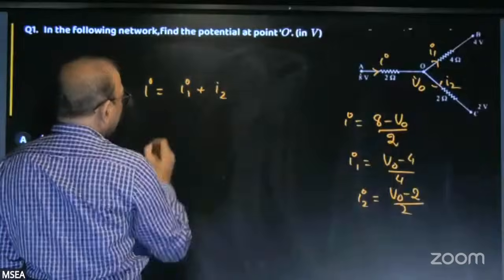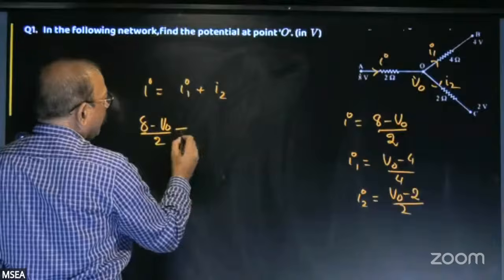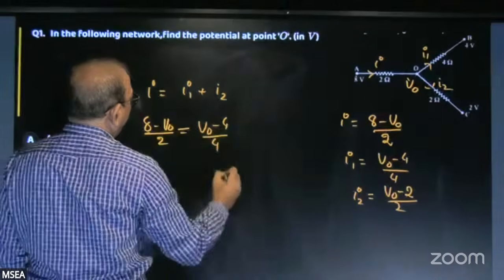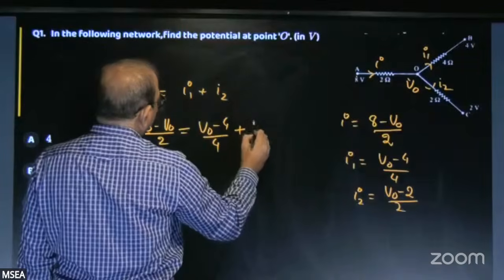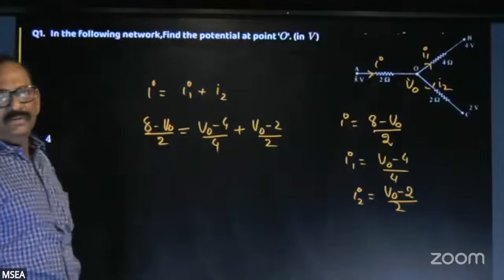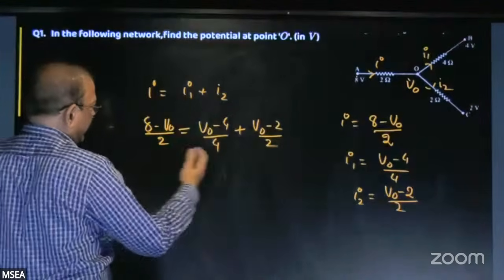Substitute this here: (8 - V0)/2 = (V0 - 4)/4 + (V0 - 2)/2. You can cancel 2 now. Here the 2 will cancel.